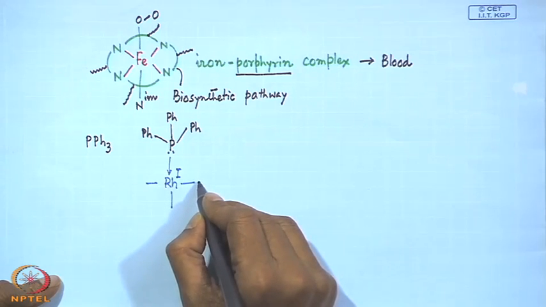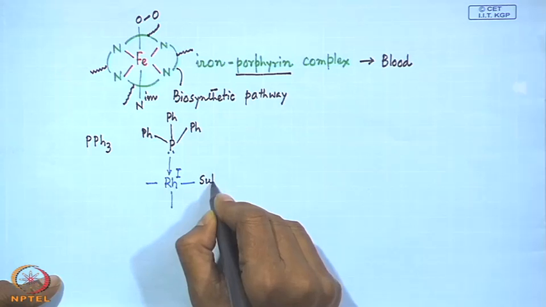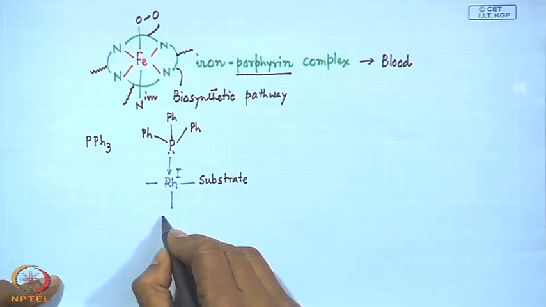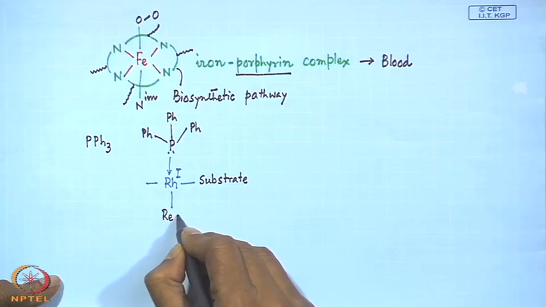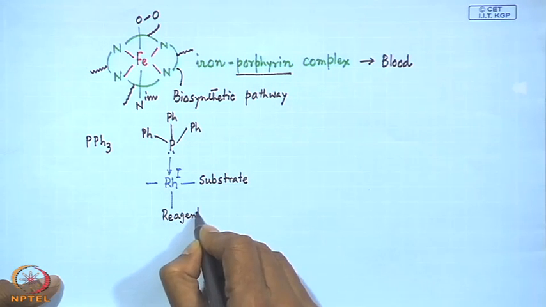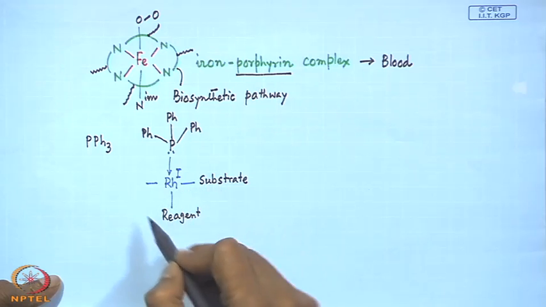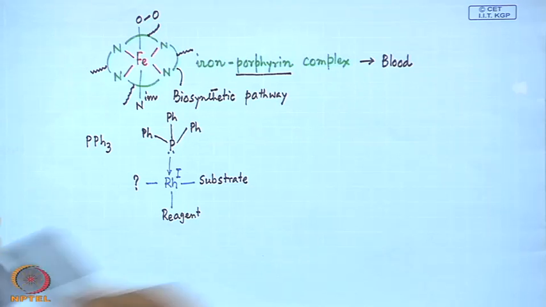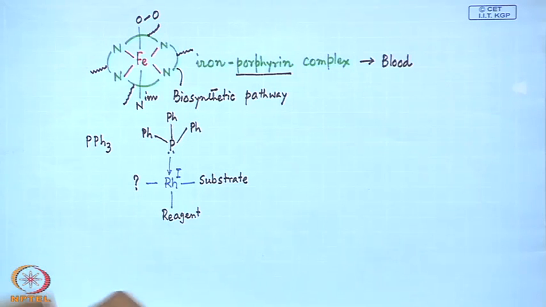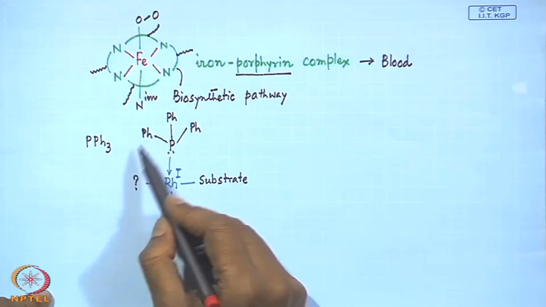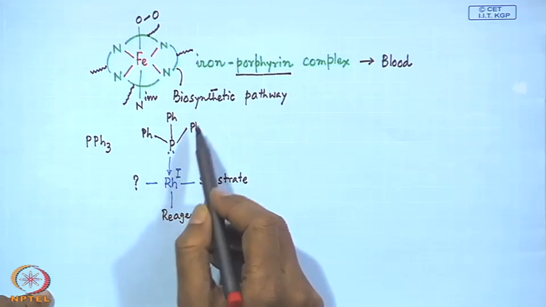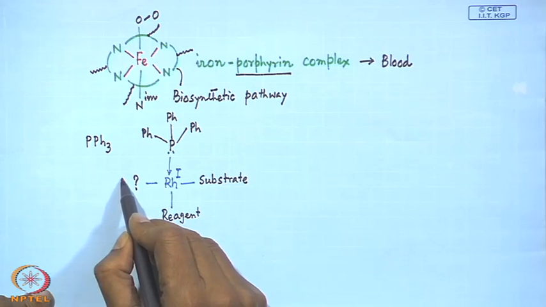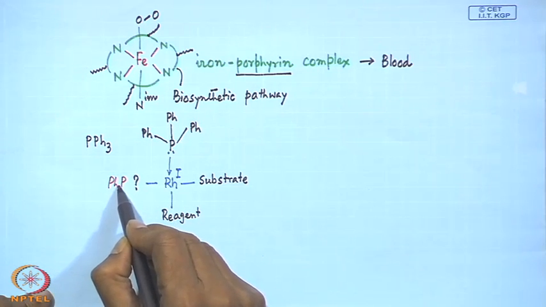We can have the substrate and other position also the reagent, with some other groups attached to this rhodium site, and the substrate and reagent can react, but the reactivity pattern will typically be controlled by the corresponding phosphine group, because this can also be occupied by another phosphine ligand.